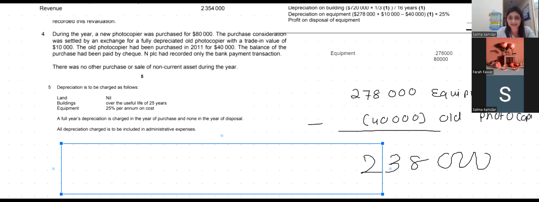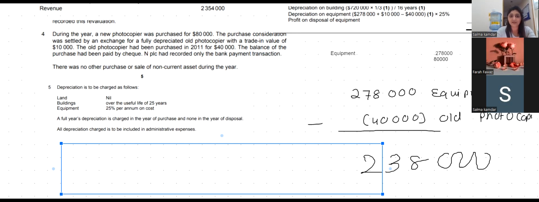Ideally, this should happen, that you've taken the new photocopy of 80,000 minus 40,000. But they are telling us that they record only the bank payment transactions. So I will record only what I have paid. So what they have paid becomes their cost.